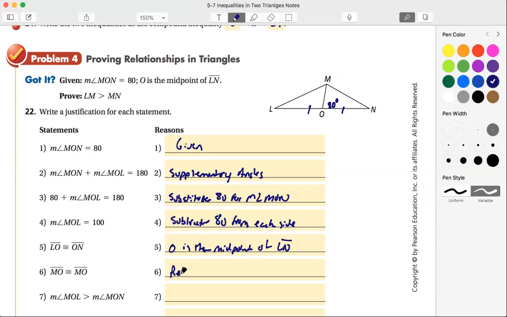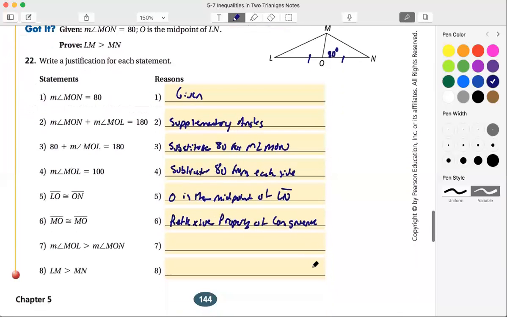And I now have the reflexive property. Okay. Now I know 100 is greater than 80, so therefore the measure of MOL must be greater than the measure of MON. So by the hinge theorem, the segments must be in that relationship.